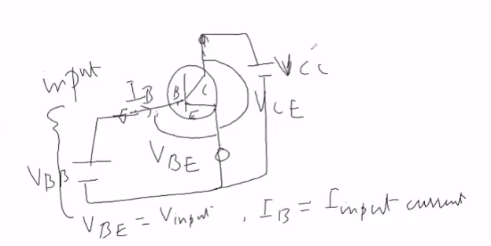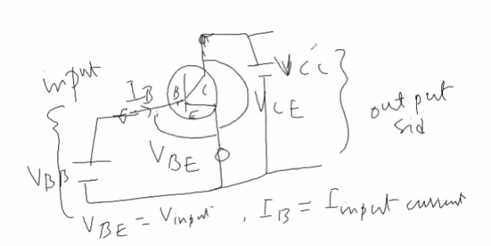VCE you can get from these two points. This side is known as the output side, so VCE is the output voltage.